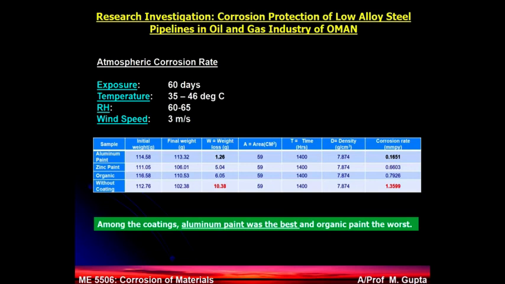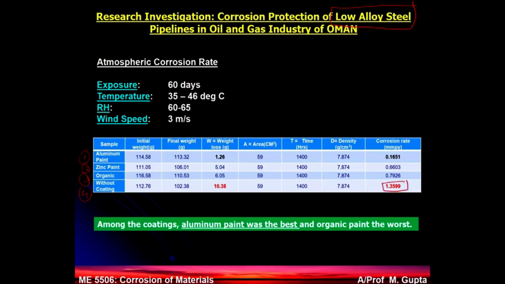For example, they use low alloy steel, because it's cheapest, easily available, deformable, with reasonable strength. So they use aluminum paint, number 1, zinc paint, number 2, organic paint, and no coating, 4.